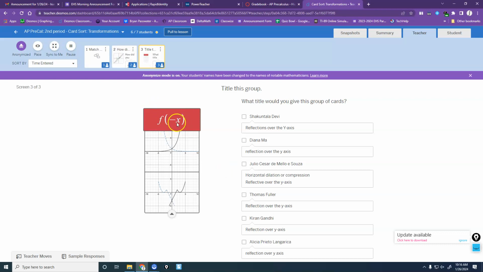So that number right there, I don't think we call just putting the negative there a dilation or compression. So just the reflection over the y-axis would be good. You could also title it something like f of negative x. That would work as well.